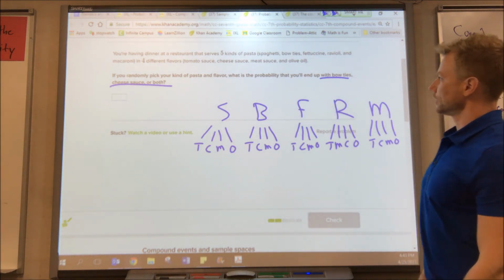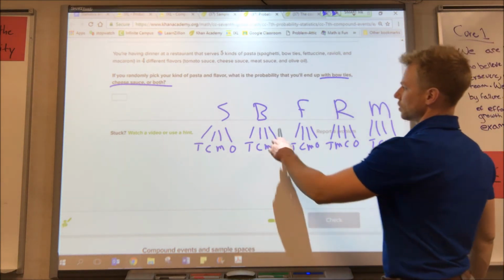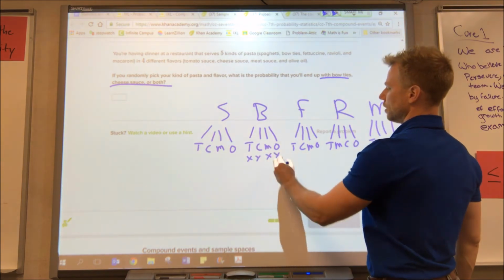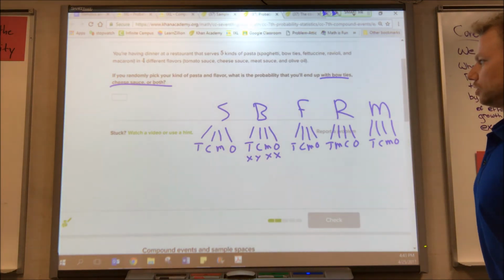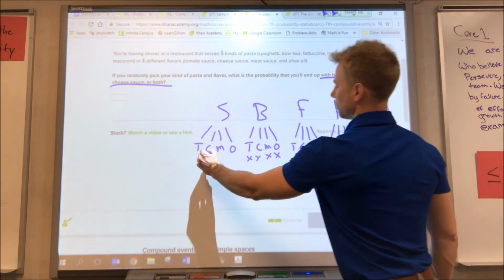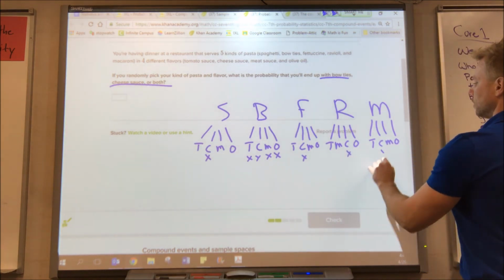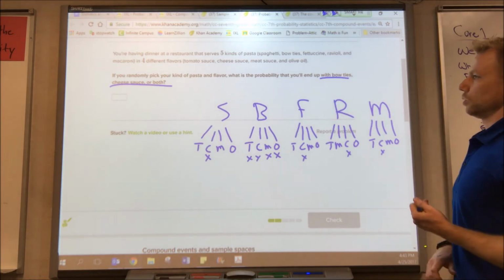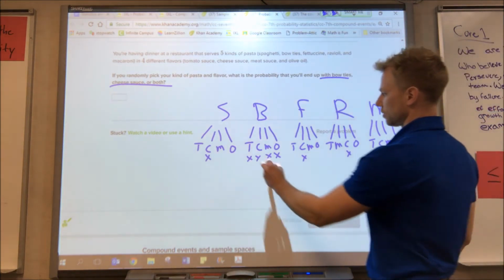All right, now we want bow ties, cheese sauce, or both. So this right here is bow ties. So all of those automatically will work because they all have bow ties in it. Now we need to mark all the cheese sauce. So we have cheese, we have cheese, we have cheese, we have cheese. Okay, so we have everything that is either bow ties, cheese sauce, or both bow ties and cheese sauce.